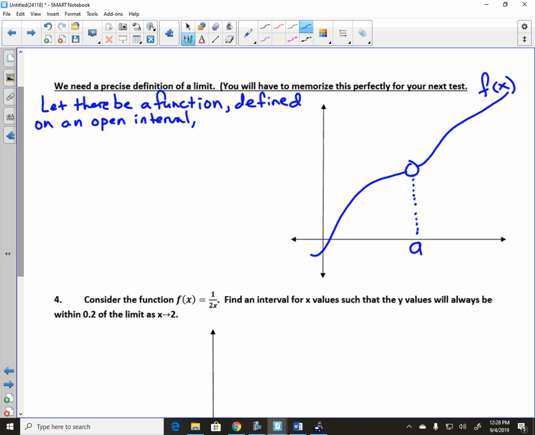So let there be a function defined on an open interval, but maybe not at point A. You could have an open circle here. It could be closed or open. Doesn't matter.